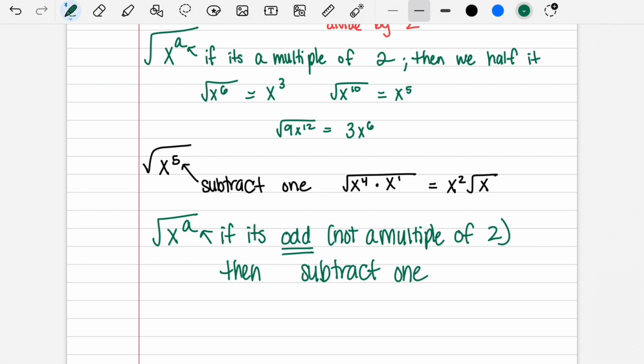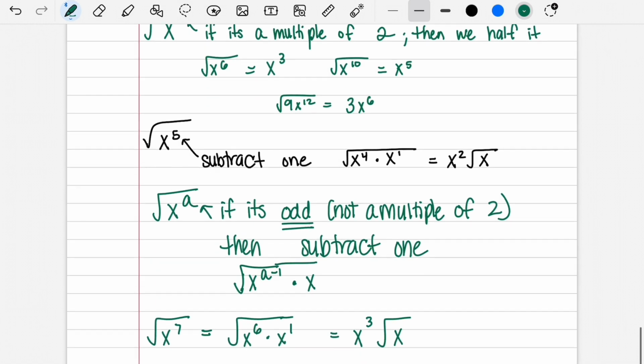So we would get x to the power of a minus 1 times one of the x's we took out. So let's practice. If I had the square root of x to the power of 7, subtract 1 to get x to the power of 6, but we still have that 1 that we took away. 6 is now even. x to the power of 3 with my x on the inside.